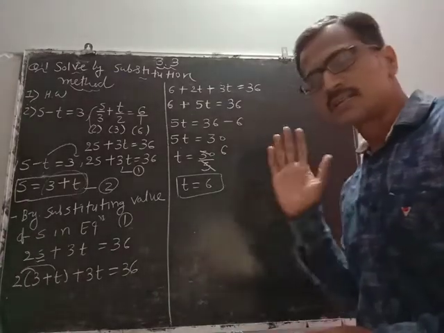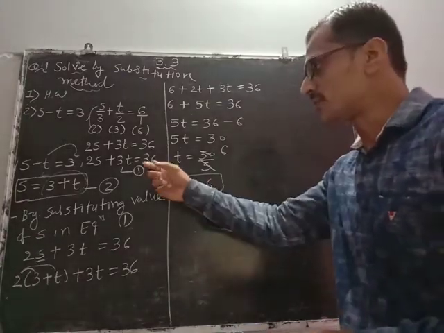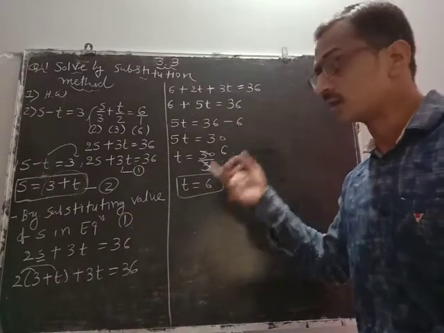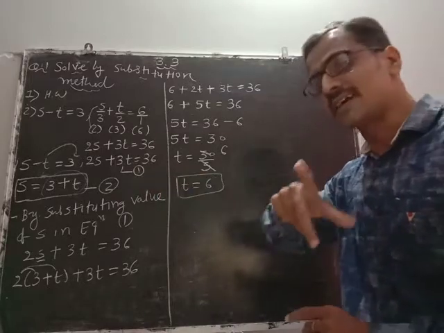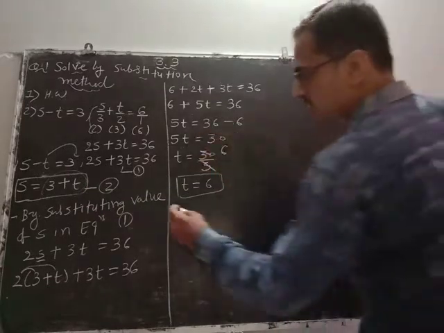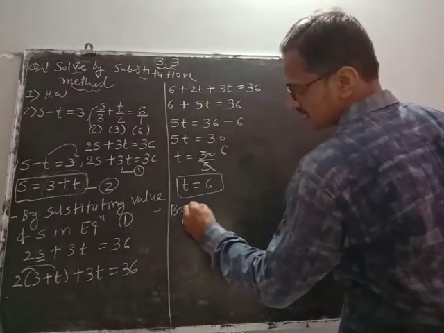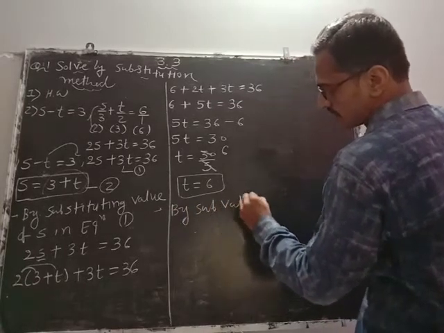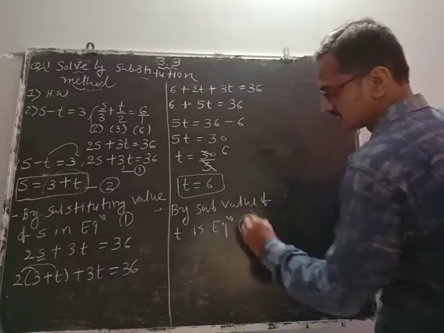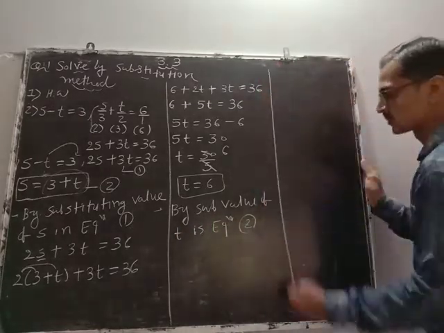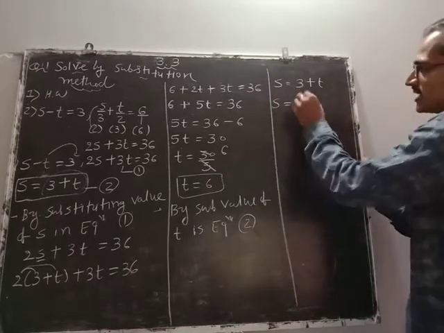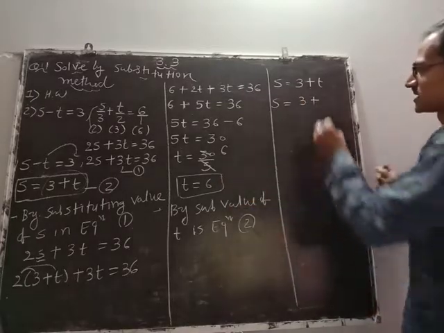Okay. Listen, simple, remember one thing. From first equation you will get first value. See, by using this first equation we have got the first value. Now by using the second equation we'll get the second value. We have used this one, this one is still left. Now we'll substitute the value of T in equation number 2, which is S equals 3 plus T. So S is going to be 3 plus T, we have 6.